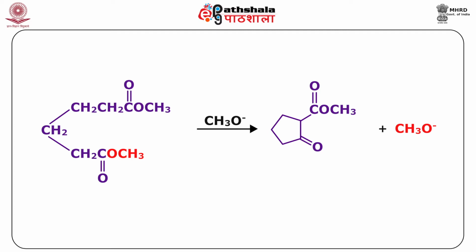So, this alkoxide ion formed will drive away the OCH3 minus, which is a good leaving group, and leads to this beta keto ester, which is a cyclic ketone. So, this is the 5-membered cyclic beta keto ester which is formed in this particular case.